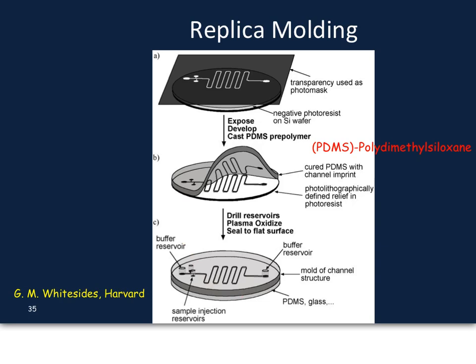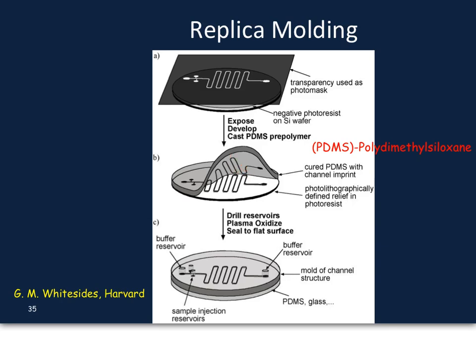And so this is an illustration showing how you would mold PDMS. It's essentially a rubber. What you do is, on some substrate, you create a relief of the channels that you want to create in the PDMS using conventional photolithography techniques. Then you cast this PDMS material on top of that, and wherever you have the ridges of the channels that you wanted to create, they push up into the PDMS.